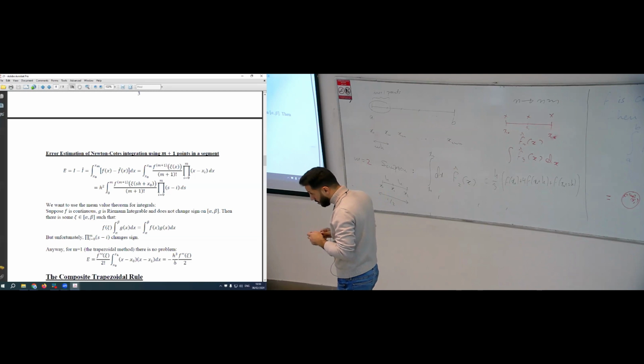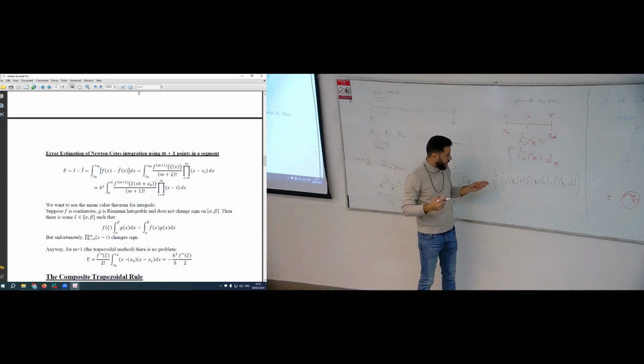So the error will not change, but will the value of the integral change? It's the same error, okay? But the question is, how can I find a closed form for it? Closed formula, okay?